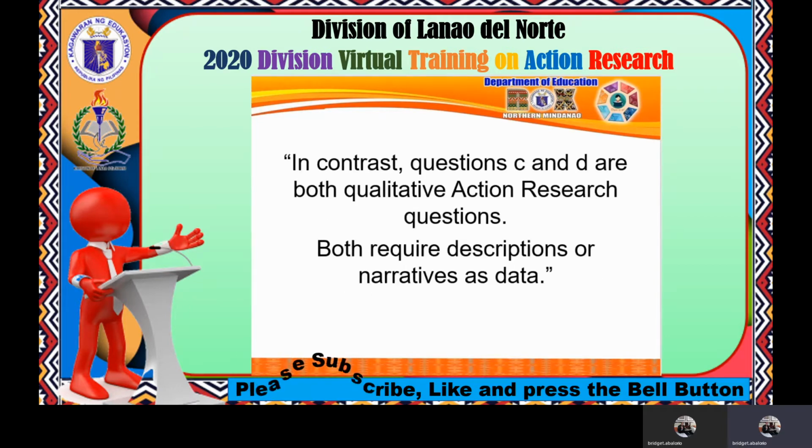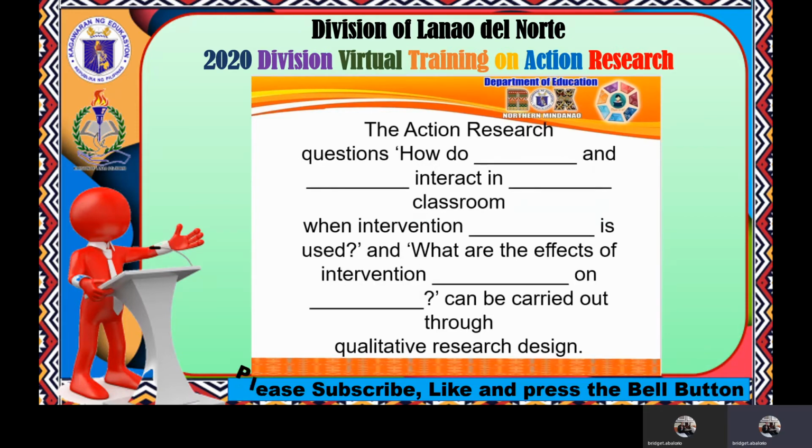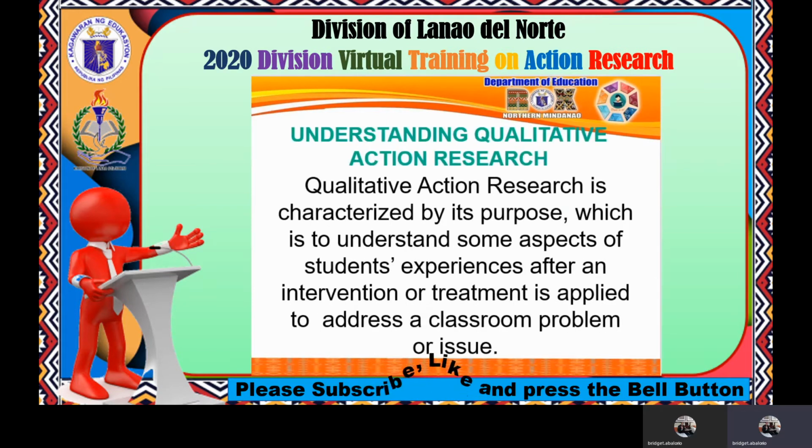However, in contrast, questions C and D are both qualitative action research questions. Why? Because both require descriptions or narrative as data. So the action research questions, how do blank and blank interact in the classroom with the intervention, and what are the effects of intervention blank on blank, can be carried out through qualitative research design.